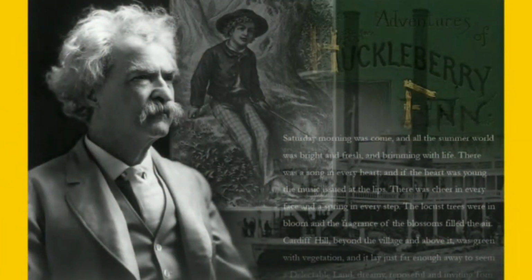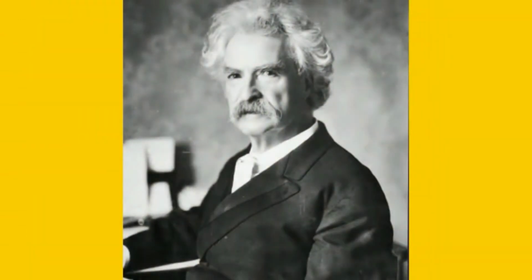Mark Twain is the pen name used by Samuel Clemens, 1835 until 1910. He was the first major American writer to be born away from the East Coast, in the state of Missouri.